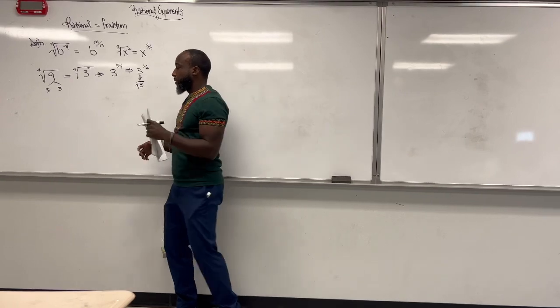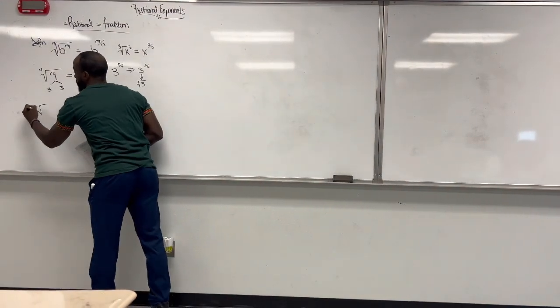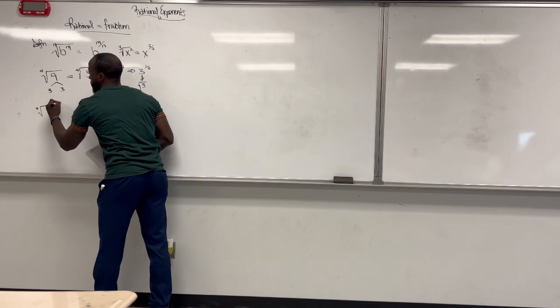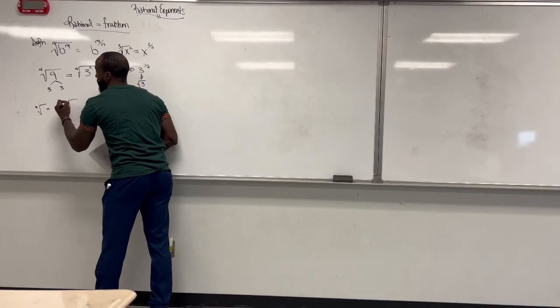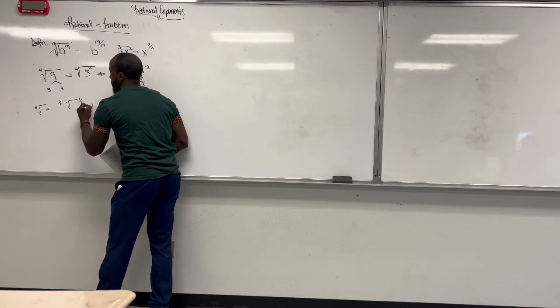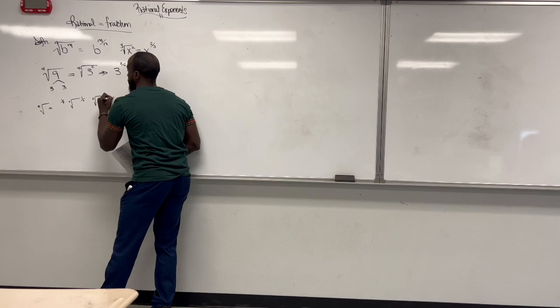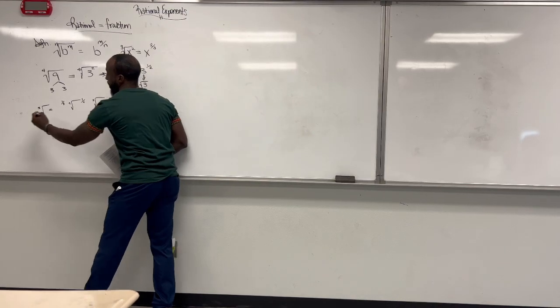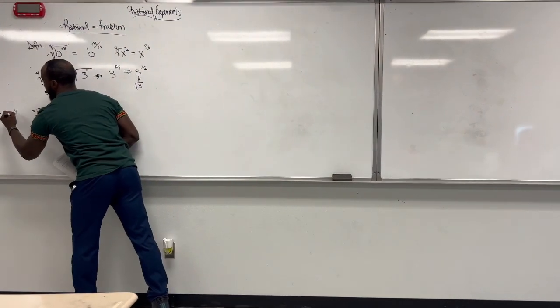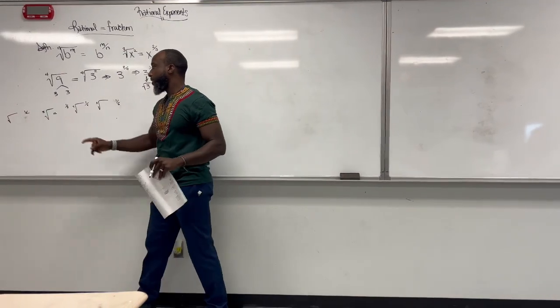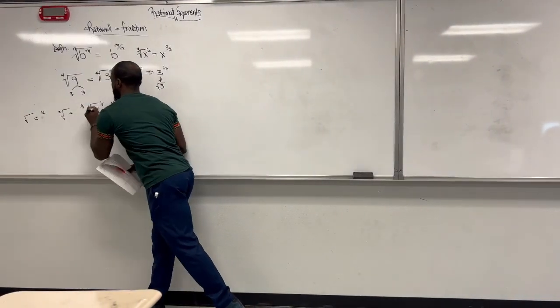So just so we know, if it's the third root, it's 1/3. If it's the fourth root, it's 1/4. Fifth root, 1/5, right? And if it's just blank, it's 1/2. It's the 1/2 power. These are the associated powers.